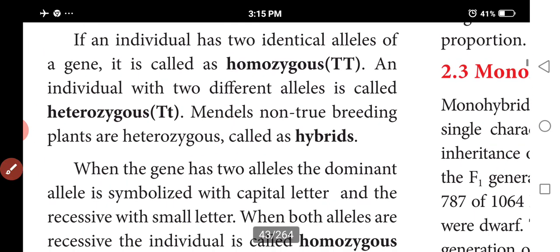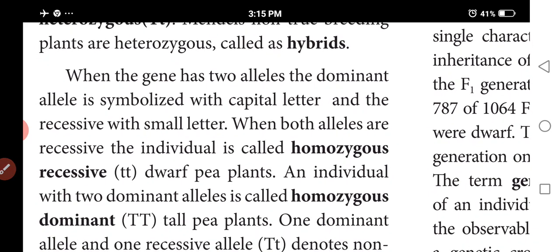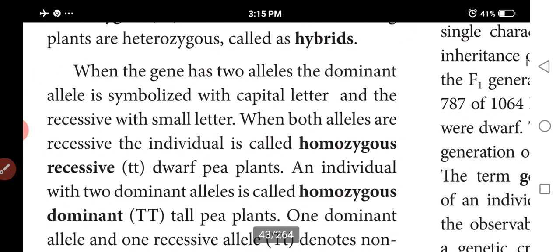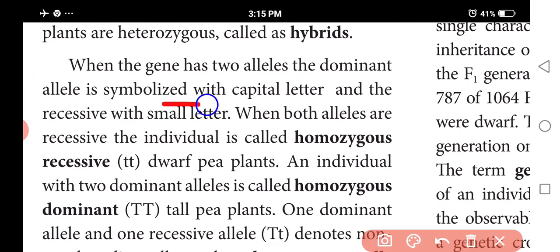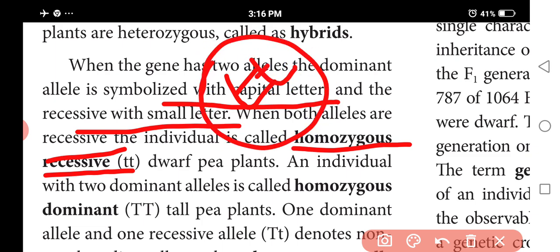Dominant alleles are symbolized with a capital letter, recessive with a small letter. When both alleles are the same, it is homozygous. Homozygous recessive means both alleles are small t, small t, and it is a dwarf plant.